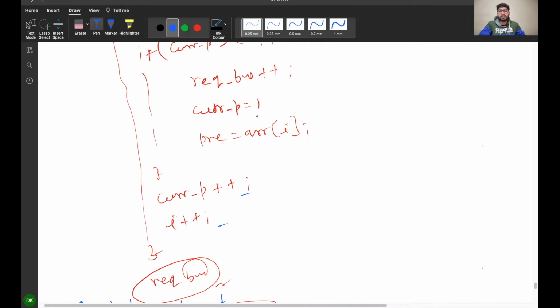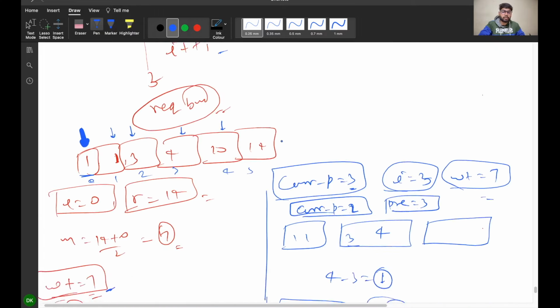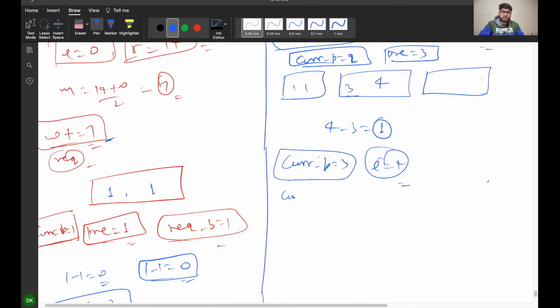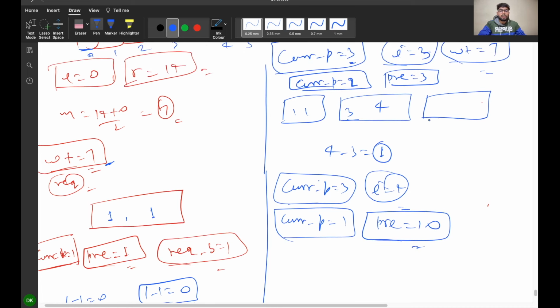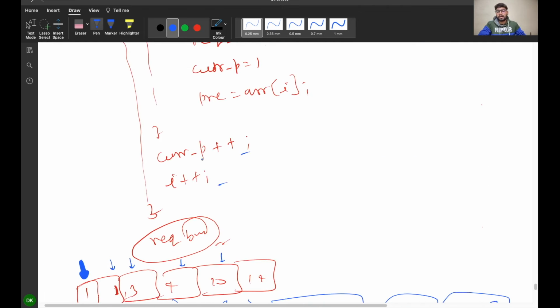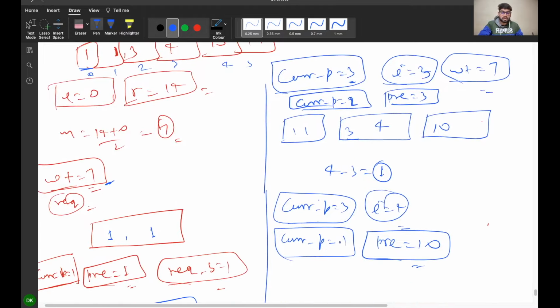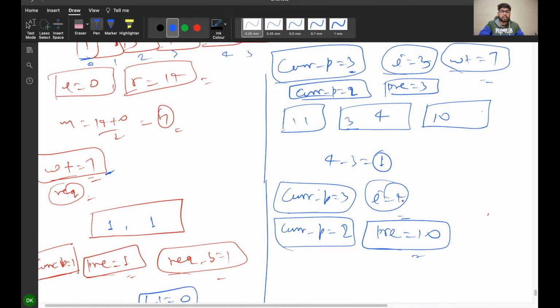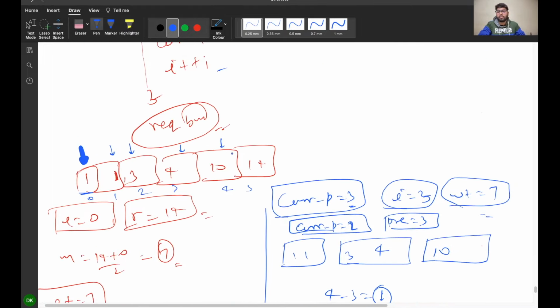Then my current person is set to be 1 and PRE is set to be ARRI, that is 10. Okay, now I am able to place this person, and after that I increment my current person from 1 to 2 and increment my I from 4 to 5.